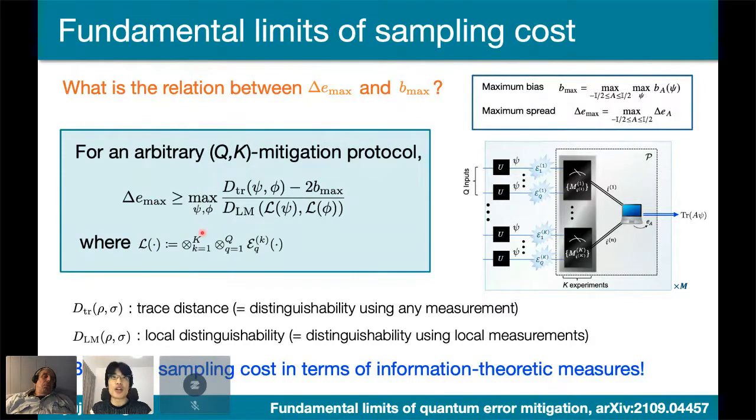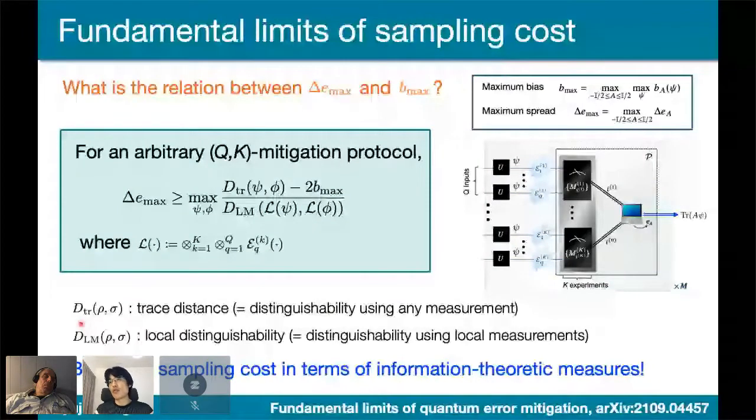Okay, so this is a relation between the maximum spread, maximum bias, and something else. Let me mention what this something else is. Firstly, this E is the effective noise channel here. So this is basically the noisy state, a known noisy state. And this D_trace and D_LM are known as distinguishability measures in quantum information theory. This D_trace is the trace distance, which refers to the distinguishability in a situation where you're given any quantum measurement.